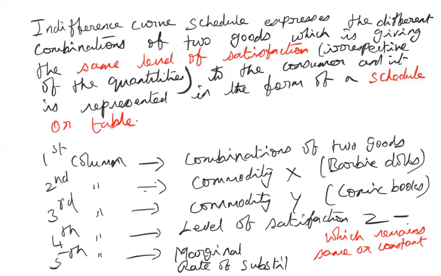Okay. So let me explain to you clearly what is this marginal rate of substitution. So what have we found in that table? How many units of commodity Y the consumer is willing to sacrifice for one additional unit of commodity X. So you see that the rate at which Dolly wants to sacrifice the comic books keeps on decreasing.